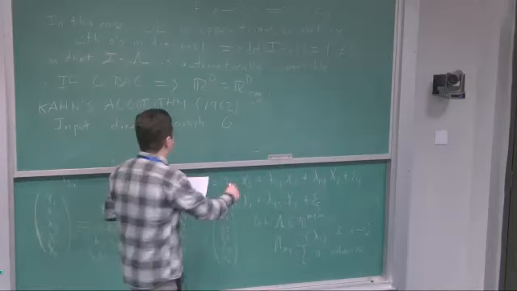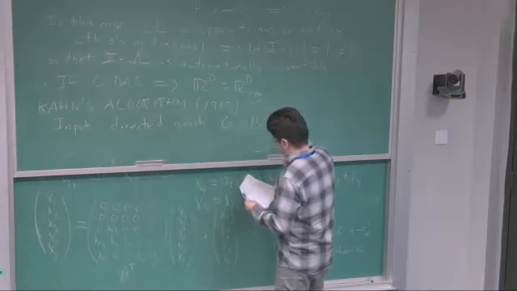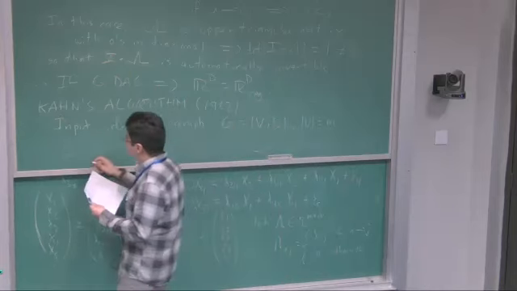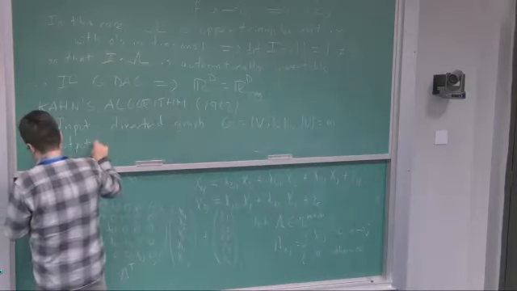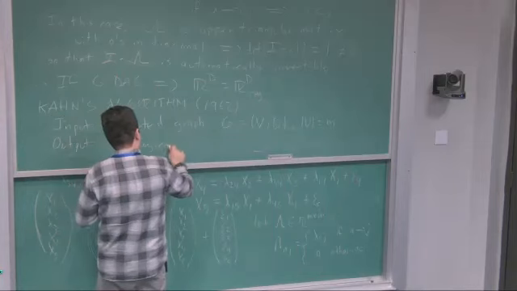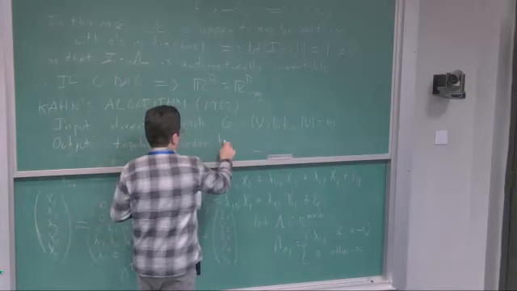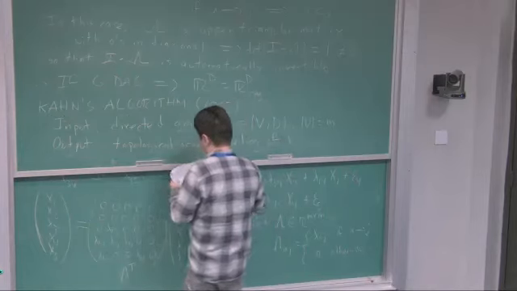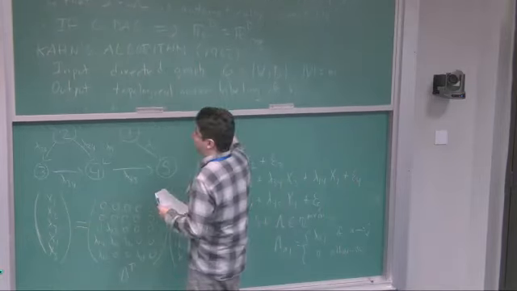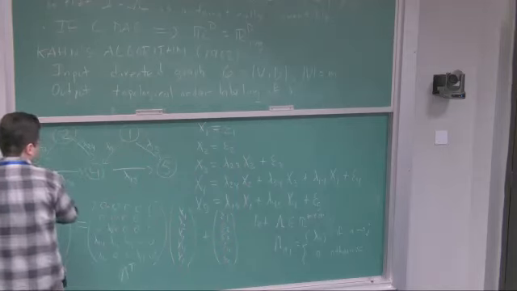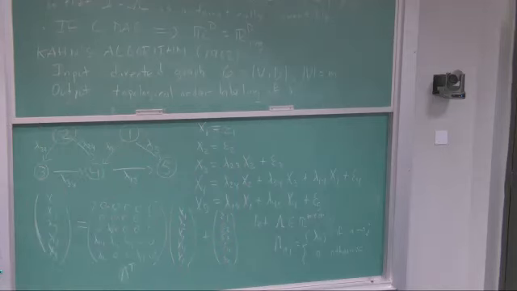So the input is a directed graph, G, and then the output is a topological order, a labeling of the vertices. To save time, I'm not going to write all the steps of the algorithm, but I'm going to tell you what it is.